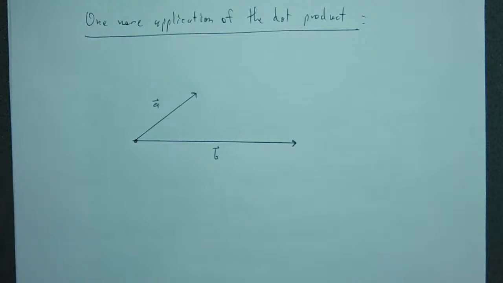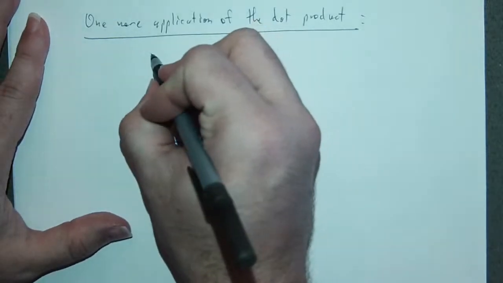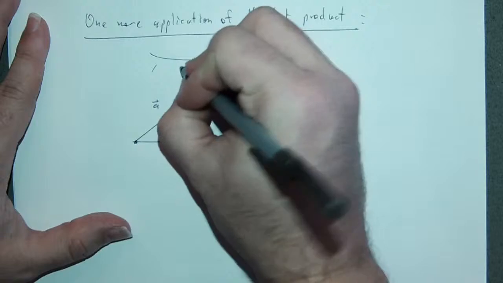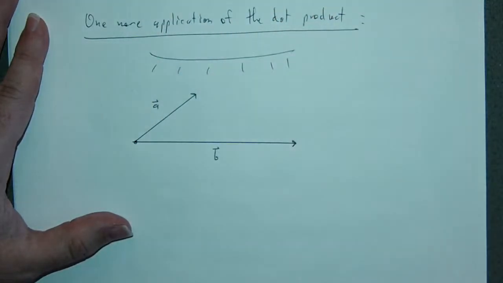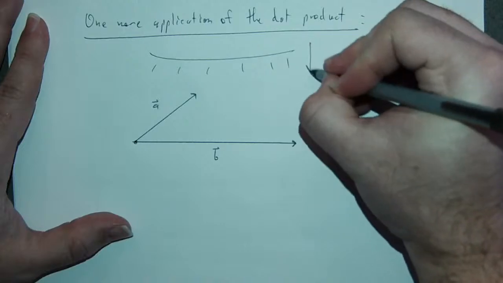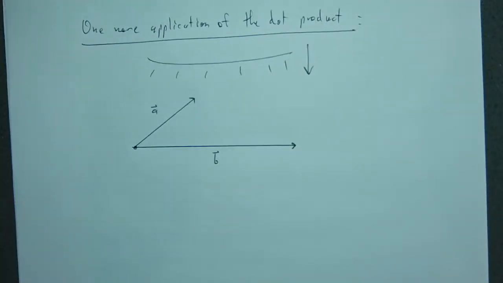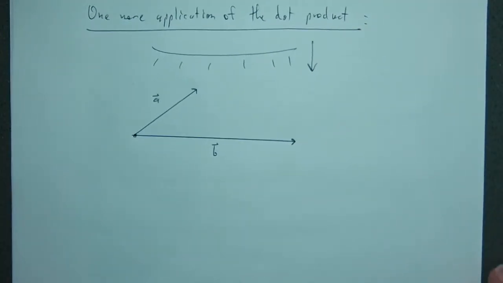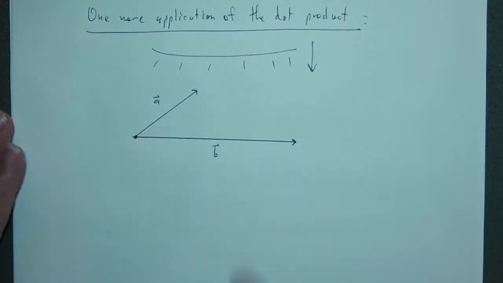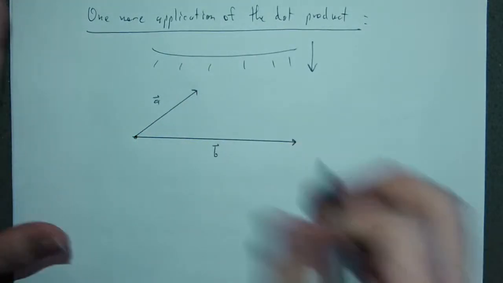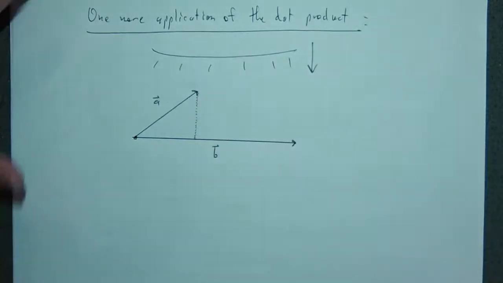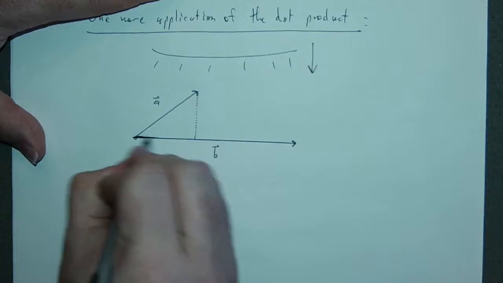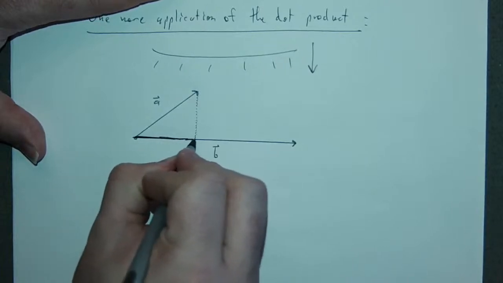And imagine that we had a light source up here, shining straight down in this direction. Well, then you might imagine that this vector A casts a shadow on B. So if I imagine drawing in this shadow on vector B, it would look something like that.